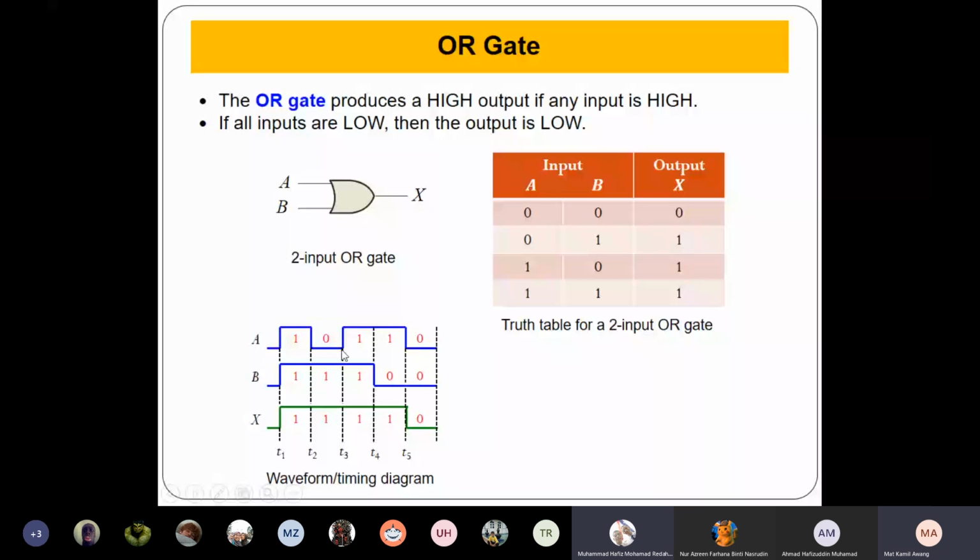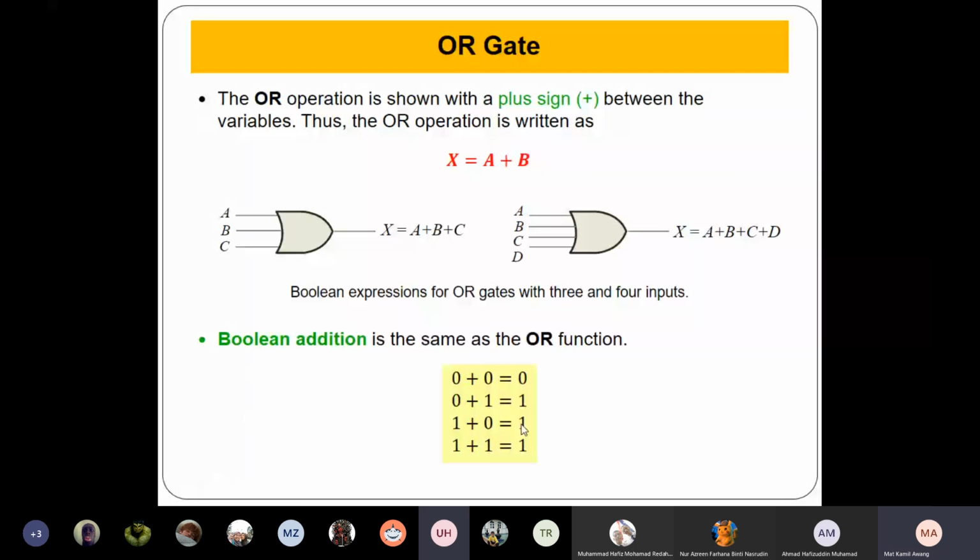So it triggers here, when this changes, right? Here, right? So that is all. Clear? Clear, sir.